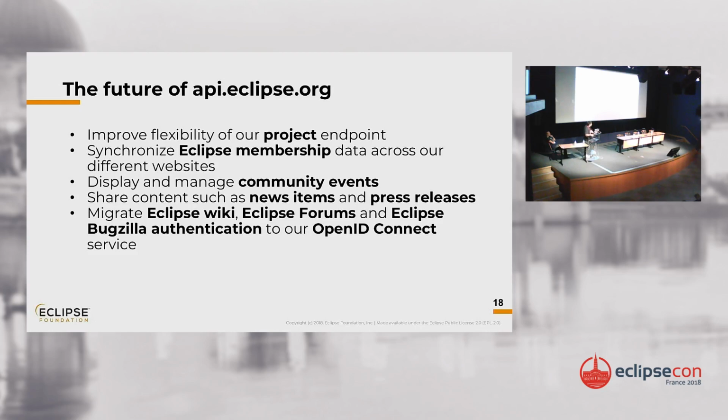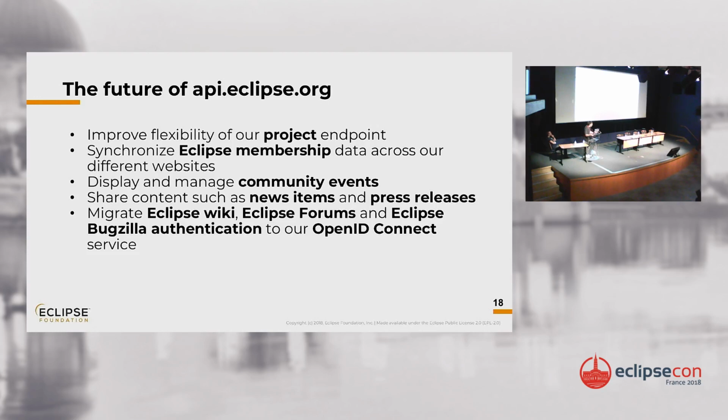So now a lot of people ask me, what is the future of the API? Where are you guys going with this? Basically, I really want to focus more on making our project data more accessible, more flexible, easier to query, and more useful, because I think it would be very beneficial for the community, but also for us.